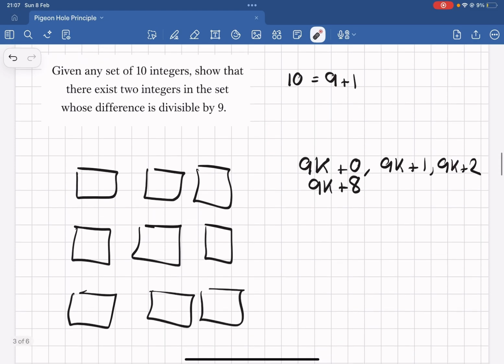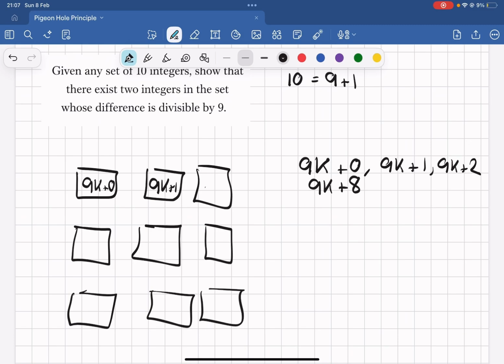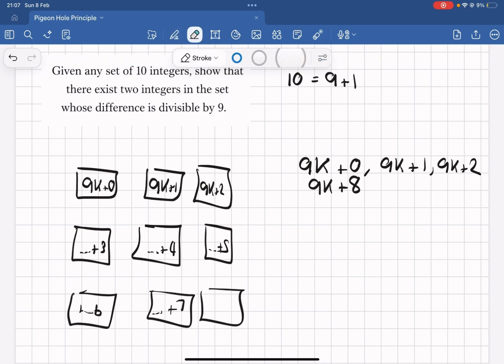So let's make the link now between our pigeonhole idea and this modular arithmetic idea. So let's start sorting 9k and the rest of the residue class into these boxes: 9k plus 2, plus 3, plus 4, plus 5, plus 6, plus 7, plus 8.